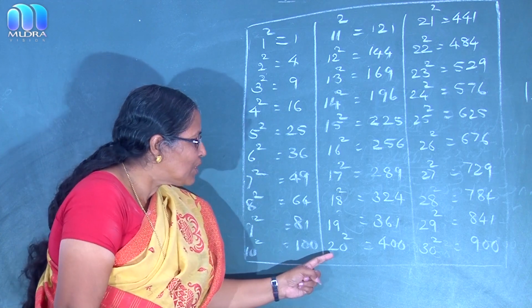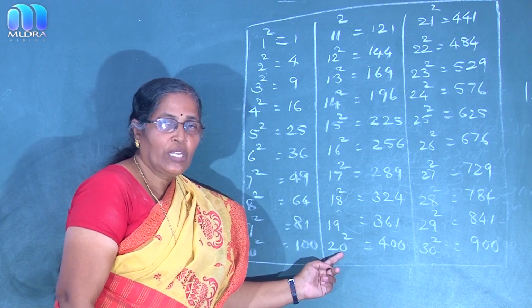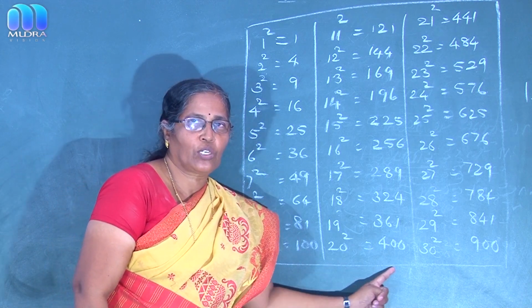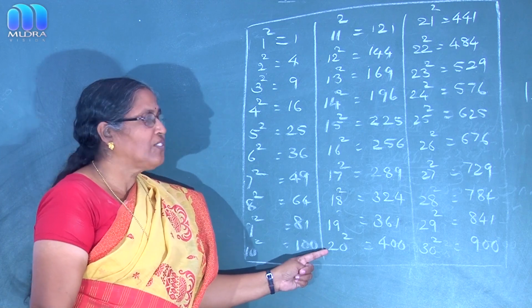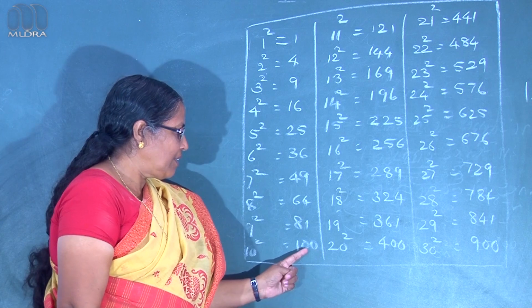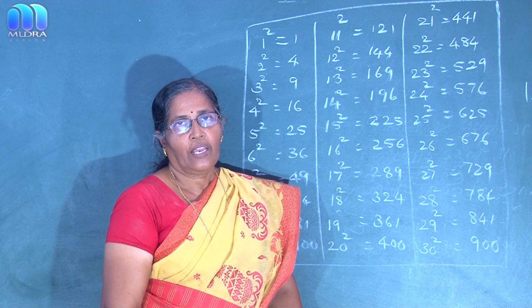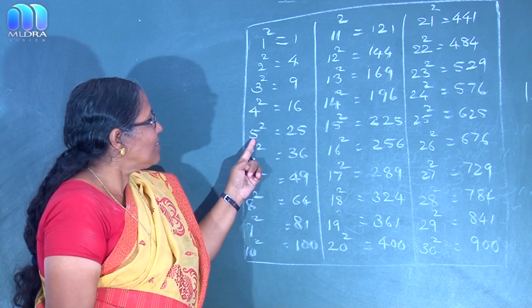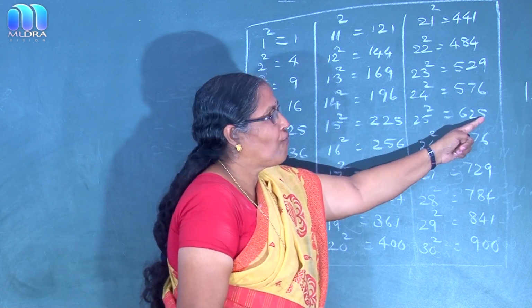Then look at the number of zeros in a square number. The last digit may be 0. If the last digit is 0, its 10th place is also 0. So we can say that if there are zeros at the end of a square number, the number of zeros will be even, that is 2, 4, 6, etc. Then again, if the last digit is 5, the square ends with 5.